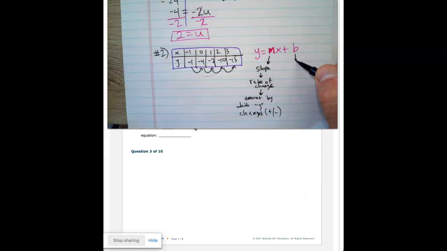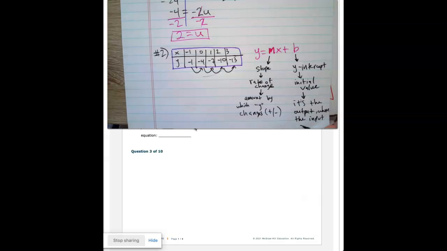B is where you begin, technically. It's your initial value, which is aka your y-intercept. Another way to know what it is, it's the output, aka the y value, where the input equals 0.